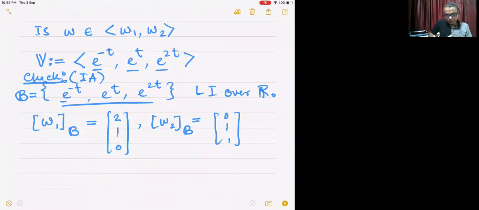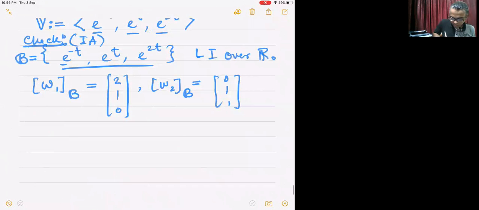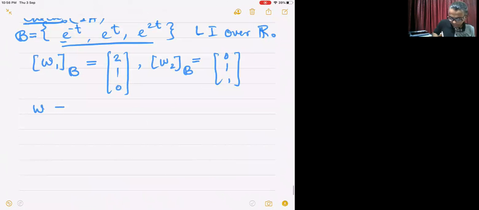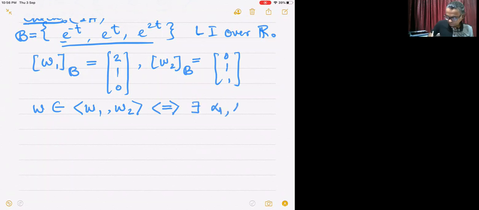Now, what was the question? Is w a part of the span of w1 and w2? That question, whether w is in the span of w1, w2, is equivalent to asking whether there exist alpha 1 and alpha 2, real numbers, such that w is equal to alpha 1 w1 plus alpha 2 w2.